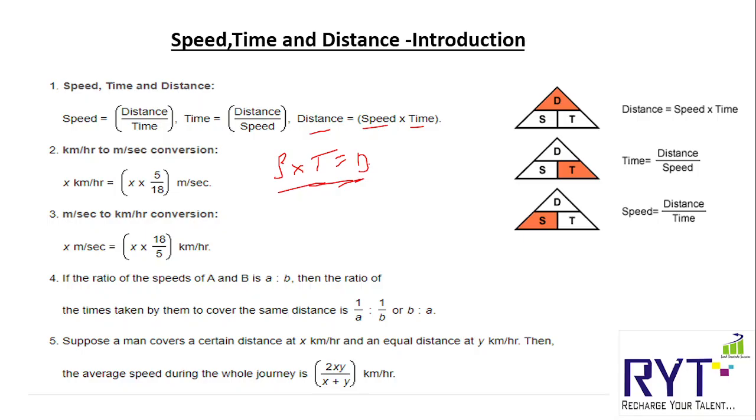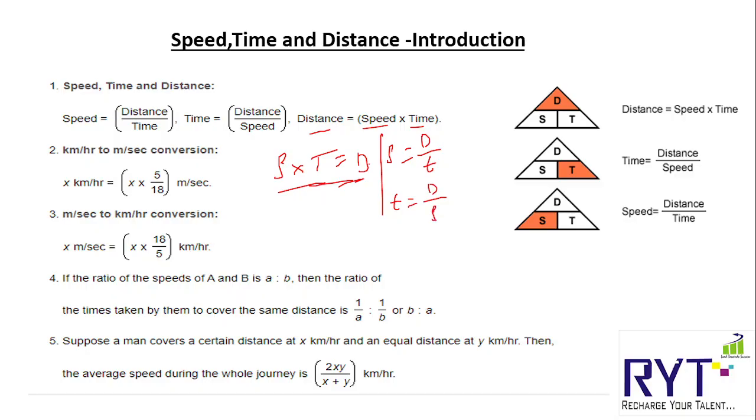So out of these three, sometimes they may give speed and time and ask you distance, or they may give distance and time and ask you speed. So speed is equal to distance by time, or they will ask you time, so it will become distance by speed.